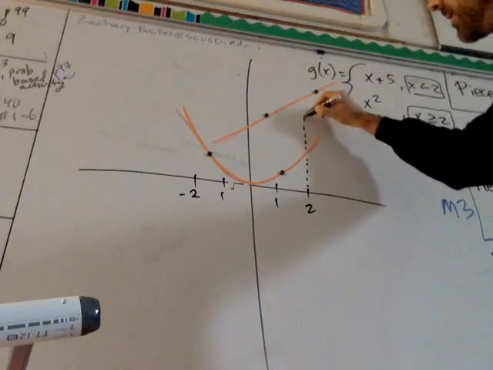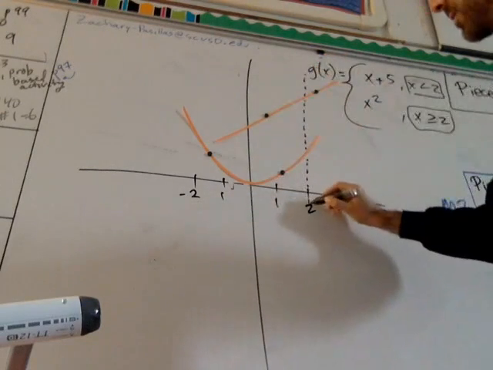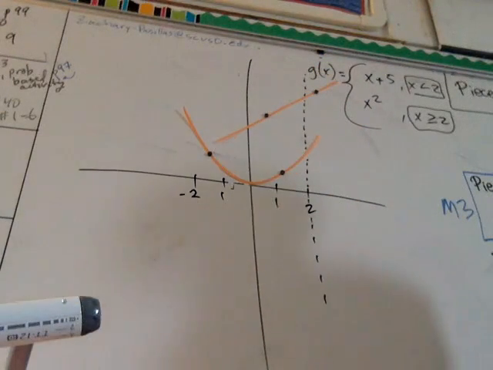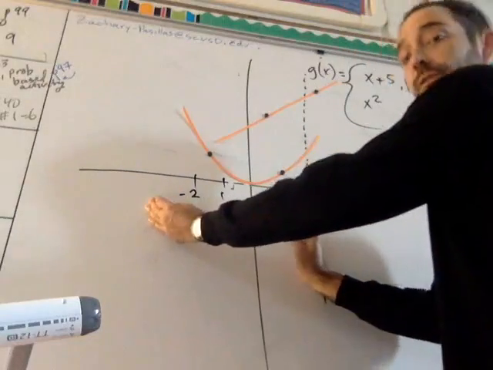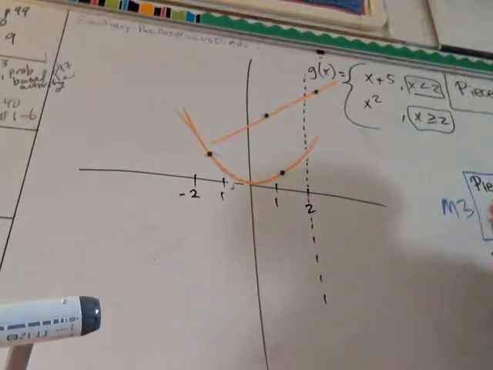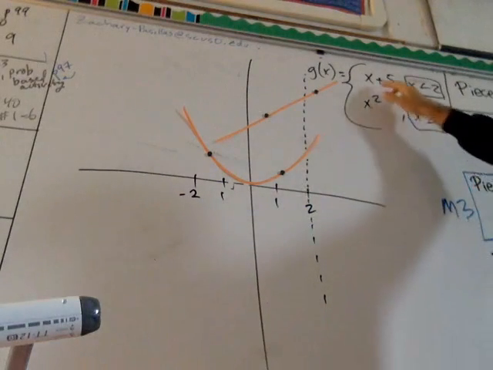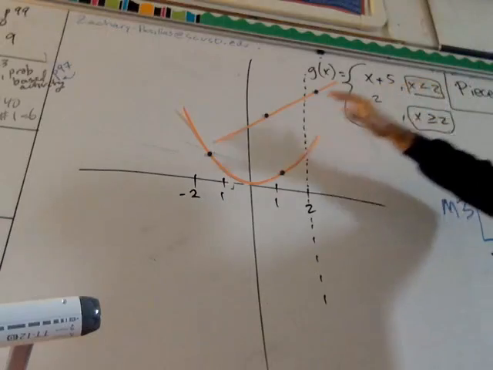So watch, this is what I'm going to do. I am going to make a boundary, just make a boundary like that. So the two windows we're looking at are over here, less than 2, and on this side, when it's greater than 2. I'm looking at those two windows. Okay. Now, which one of these functions goes with x is less than 2?